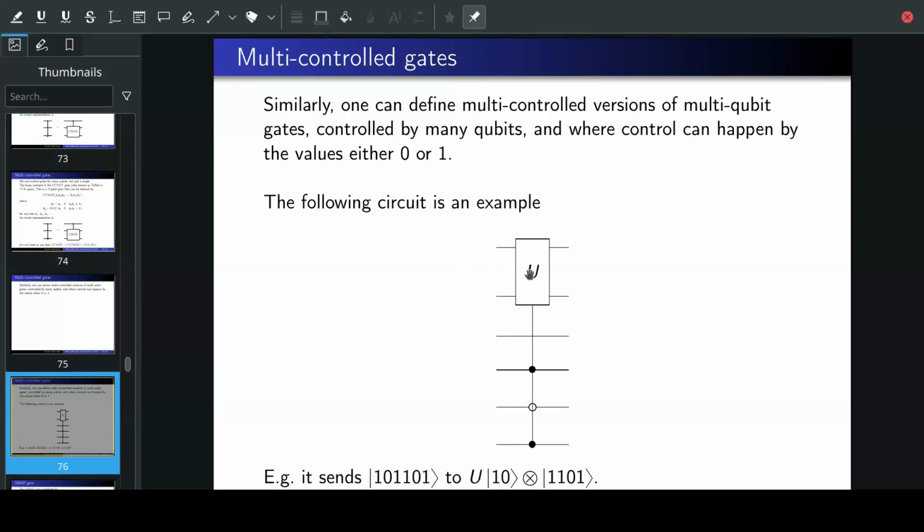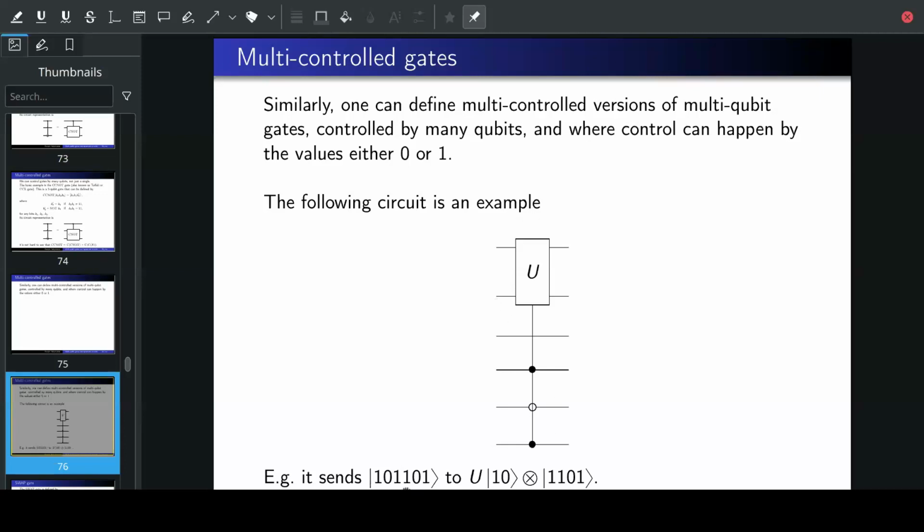On the first 2 qubits, there is some action of a 2-qubit unitary, but it is controlled by these last 3 qubits. This means that, for example, this basis state will go to this state under the action of this unitary.